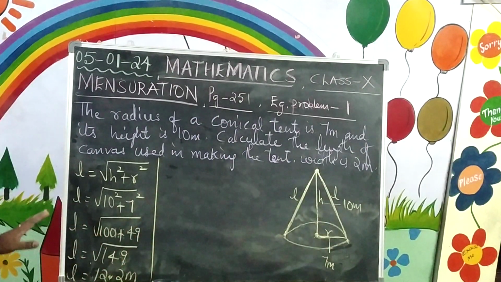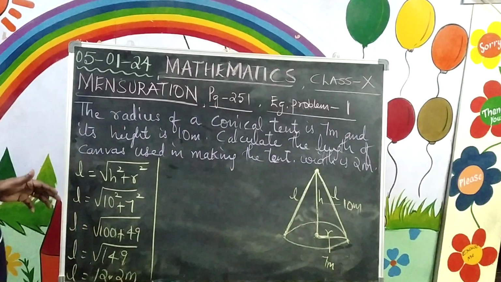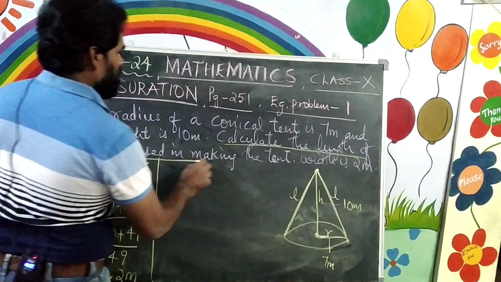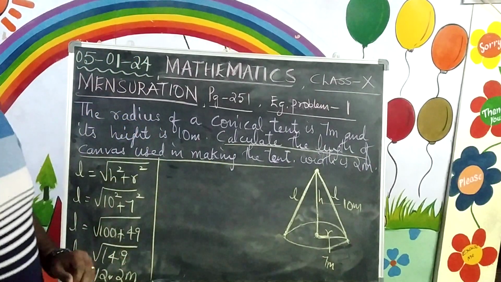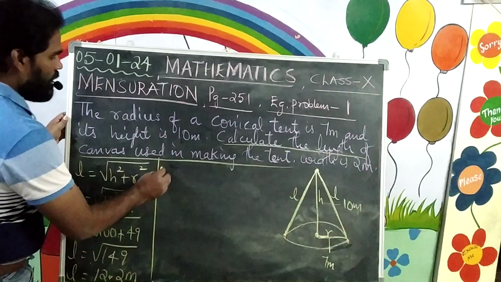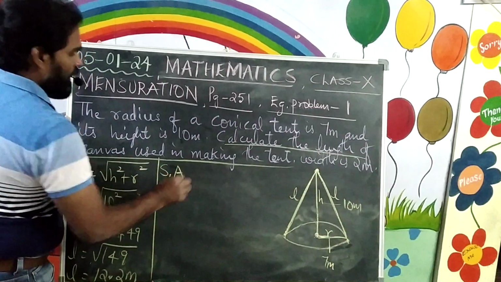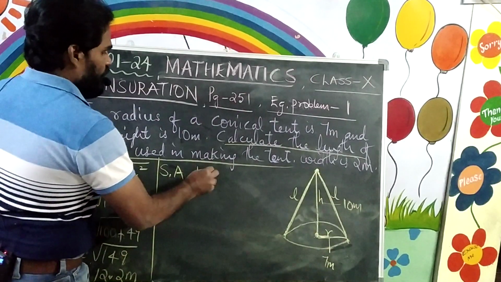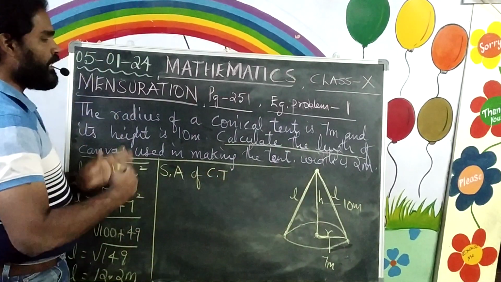After this, we need to find out the total canvas used in making the tent. For this purpose, we have to find out the surface area of the conical tent. SA represents surface area of CT, which means conical tent.